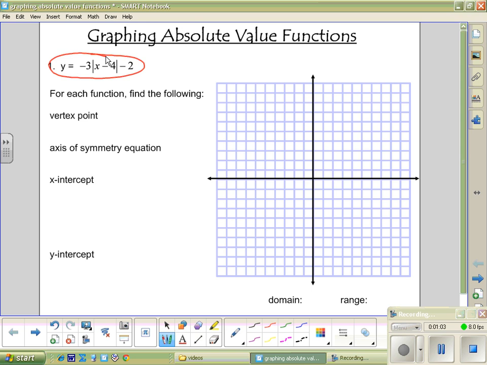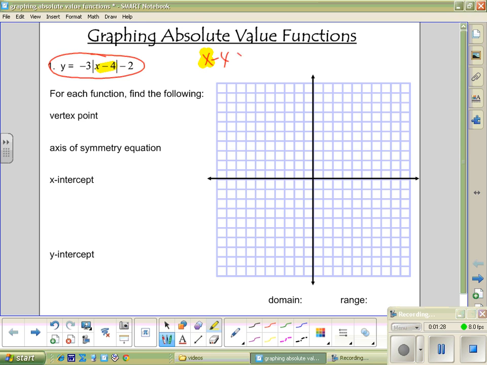So here I'm going to try and find the vertex. The vertex is found when this value here is the smallest or the largest it can possibly be. So the smallest that the value x minus 4 can be inside the absolute value is 0.